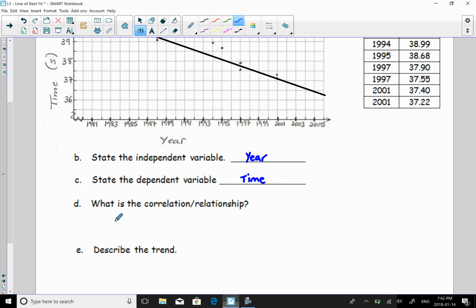We call this a negative correlation. So as the years increase, the time decreases.